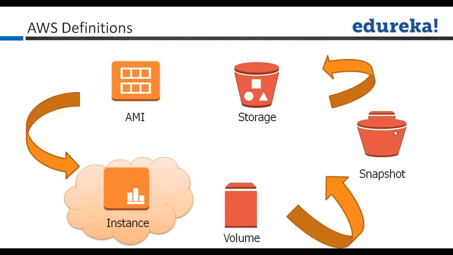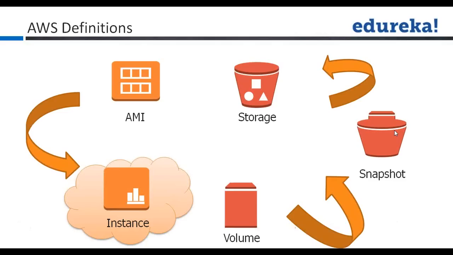So you select an AMI and launch a virtual machine from it. That virtual machine is called an instance. That instance is nothing but a virtual server available over the internet. The advantage is that when you launch from the AMI, it would have all the software or the OS of that AMI available inside.